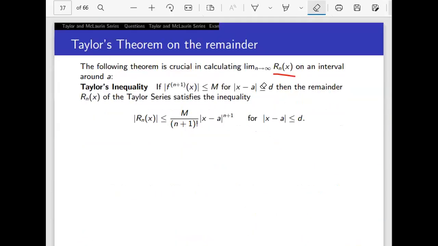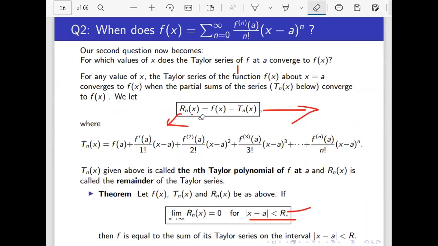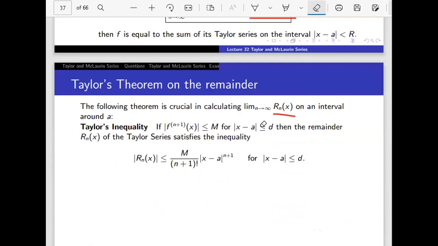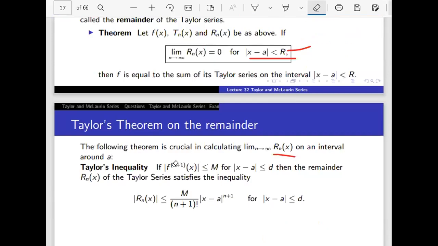We know that this function is infinitely differentiable at a, but we don't know whether it is infinitely differentiable over this interval. Let's assume this function is n plus 1 times differentiable over this interval, right?